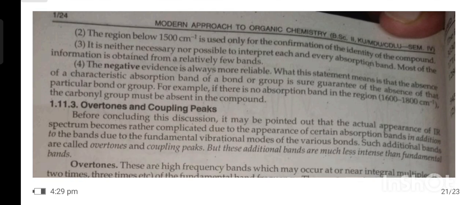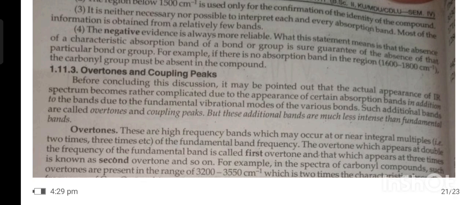Overtone and coupling peaks. Before concluding this discussion, it may be pointed out that the actual appearance of IR spectra becomes rather complicated due to the presence of certain absorption bands in addition to the bands due to fundamental vibrational modes of the various bonds. Such additional bands are called overtone and coupling peaks, but these additional bands are much less intense than fundamental bands. Overtone.